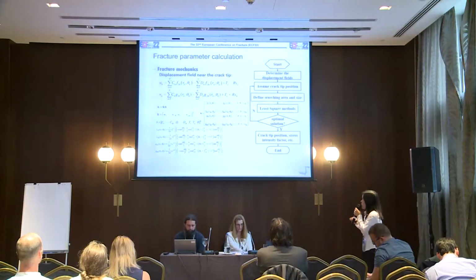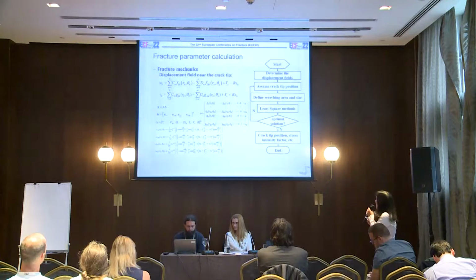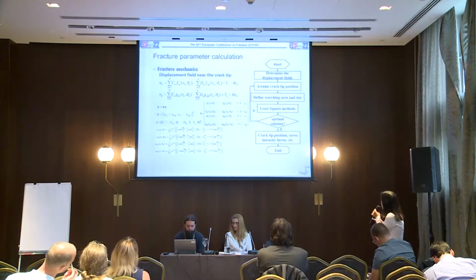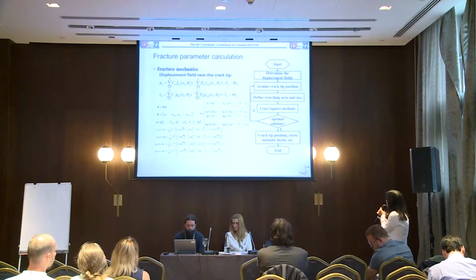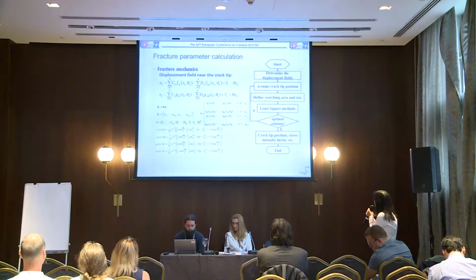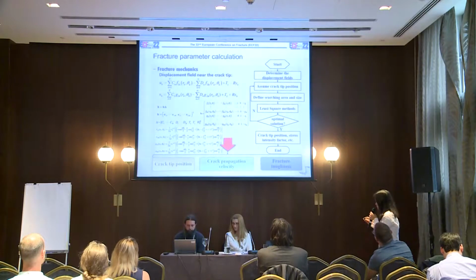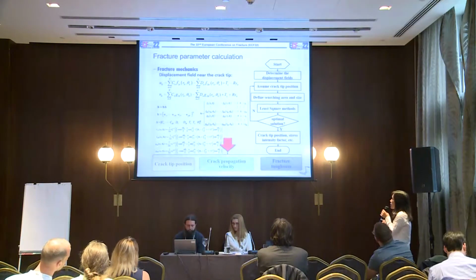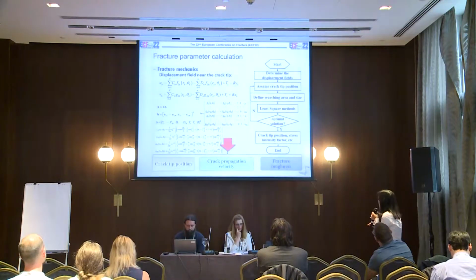Next, combined with fracture mechanics analysis, we use the displacement field near a crack tip, and by using these equations we can determine the crack tip position and the stress intensity factor during the fracturing process using a least squares method. So we can get the crack tip position, the crack propagation velocity, fracture toughness, and other fracture parameters.